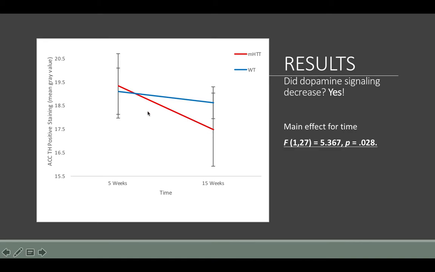You might notice that it looks like the mutants are on a more rapid decline than the wild types. I will mention this and what I think is going on later. But we saw a main effect for time. So there's something about 5 weeks that's different than 15 weeks. Something is happening in the brain.